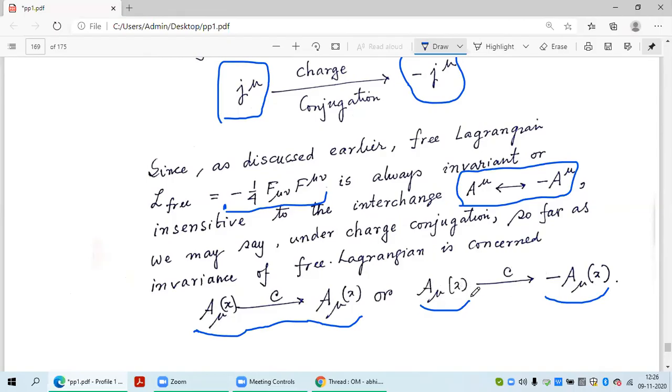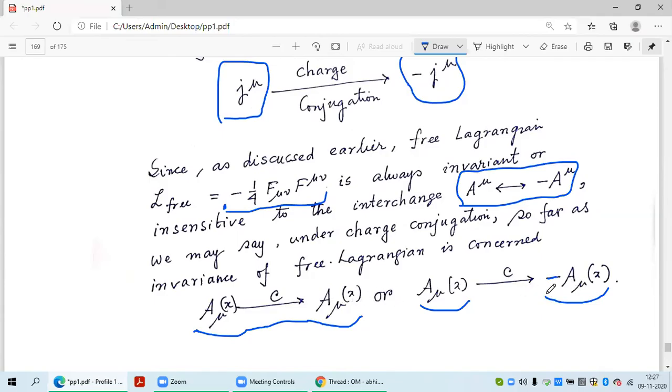We have just a simple freedom of changing the structure of the field. Here structure means introducing this minus sign, because there is a place here where I can take plus or minus. Doing that, I can make the fields different, but we can't distinguish between the Lagrangians from these two fields. So in principle, I can say technically that charge conjugation takes it to this or at least to this.